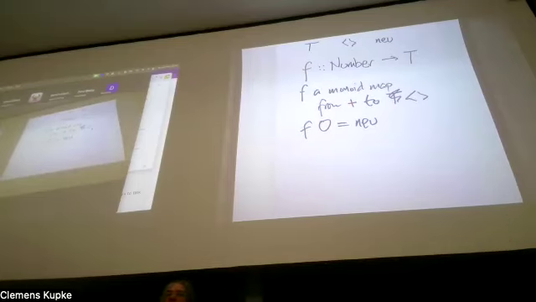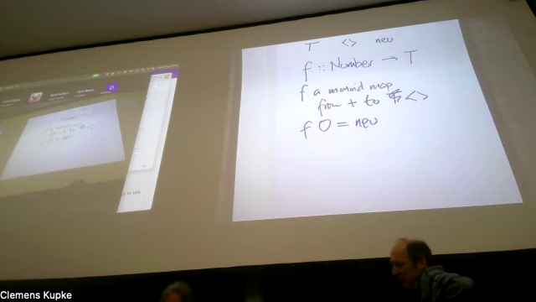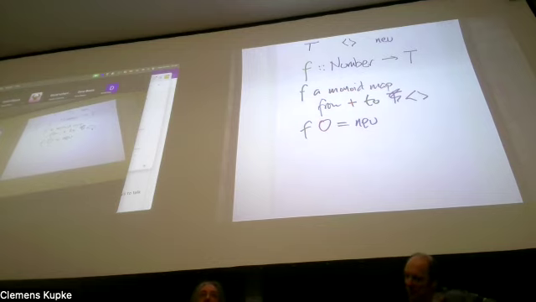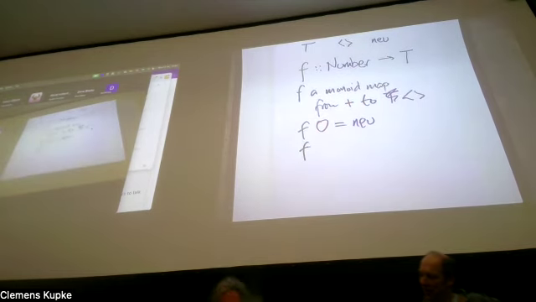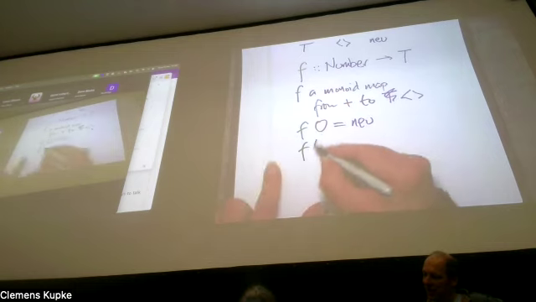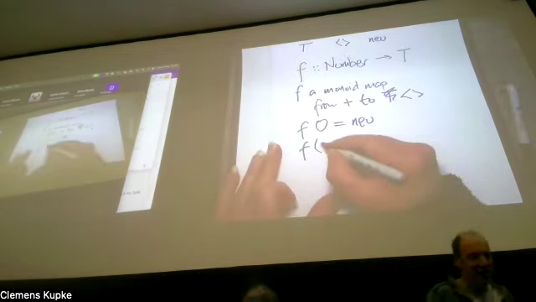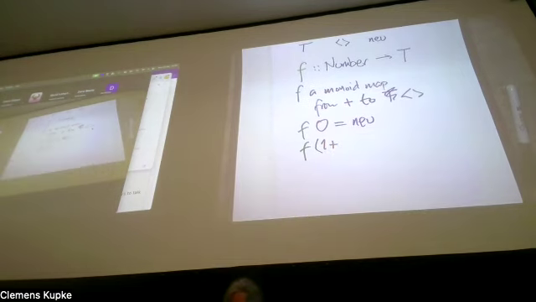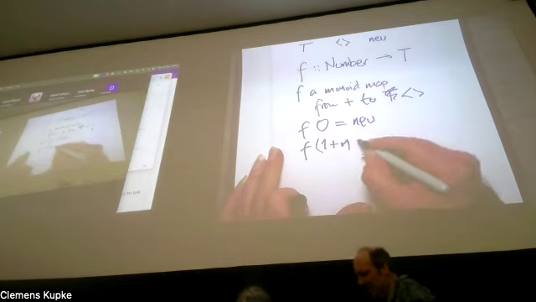And what's the next thing we usually do? If we're working inductively over the input, we need to figure out what f of 1 plus n is.